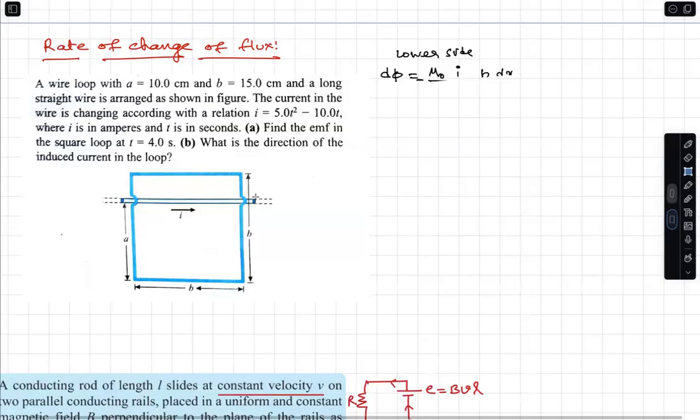Remember, certain part of the screen I want to take intentionally. Why, I will explain. For example, if I take this as some A naught part, see, lower side also, I will have some A naught part.